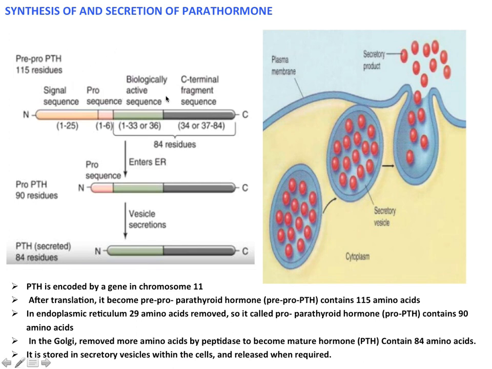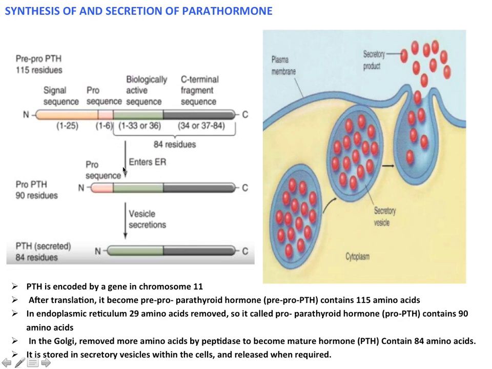So as you know, the parathormone or PTH is synthesized in the chief cell of the parathyroid gland, and after the synthesis or translation, it becomes pre-pro parathyroid hormone that contains 115 amino acids. This is pre-pro PTH.